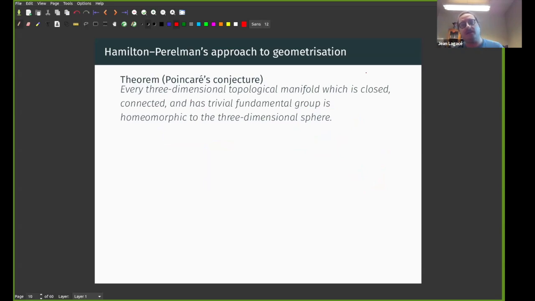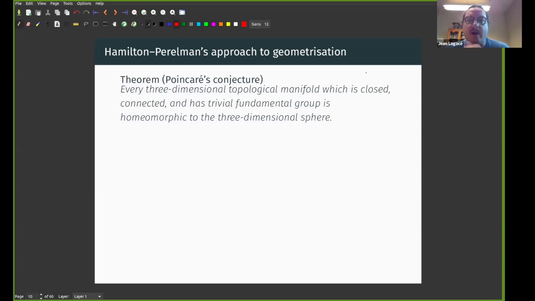Let me give you one such more complicated situation, using foliations in Hamilton and Perelman's approach to geometrization in solving the Poincaré conjecture. So Poincaré's conjecture states that every three-dimensional topological manifold, which is closed, connected, and has trivial fundamental group, is homeomorphic to the three-dimensional sphere.